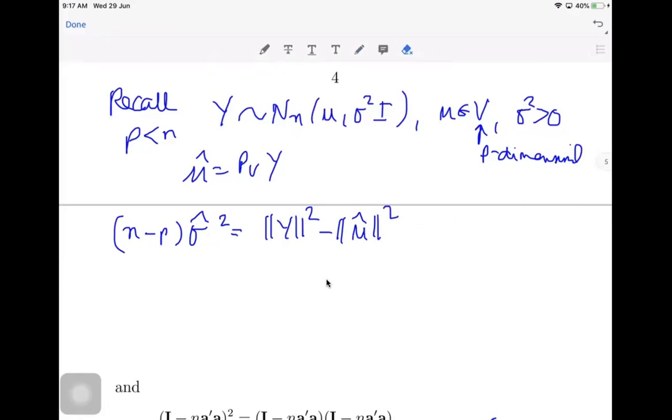So in here, it tells you that A times your mu hat will be MVUE for A mu.